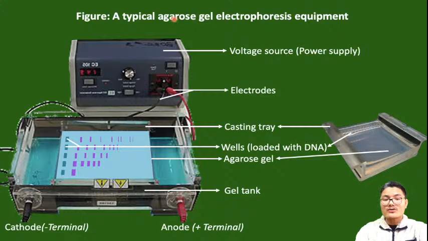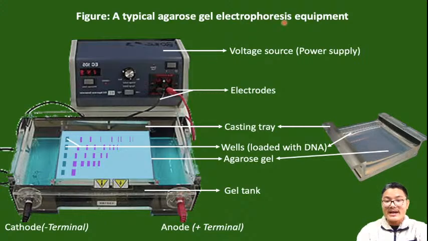Agarose, why? We use a powder which is mixed in water to prepare the agarose gel, and into the wells of the gel we add DNA, right? As the DNA migrates according to charge and size, we call it electrophoresis.